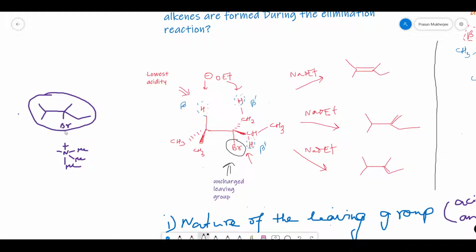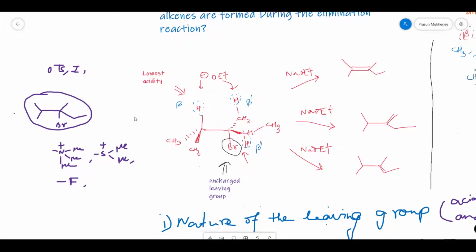In case of Saytzeff elimination, the leaving group must be a bromine or tosylate, iodine, etc. And in case of Hofmann elimination, the leaving group must be a charged leaving group, that is a quaternary ammonium salt type substrate, or SMe2. And an interesting case is when the leaving group is fluorine.